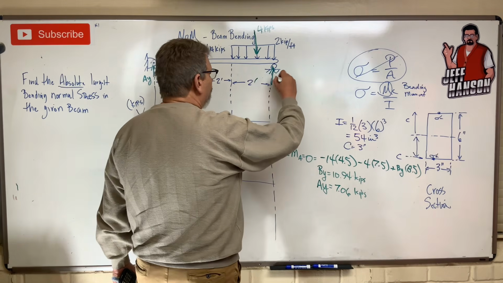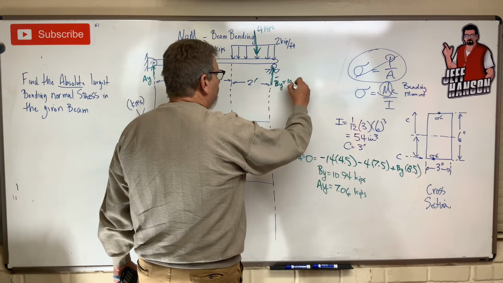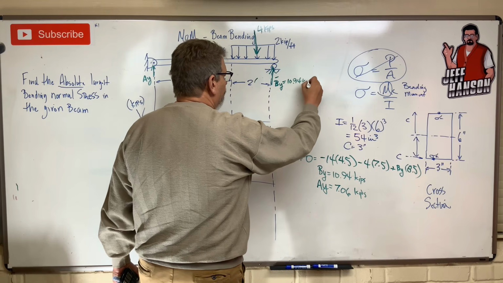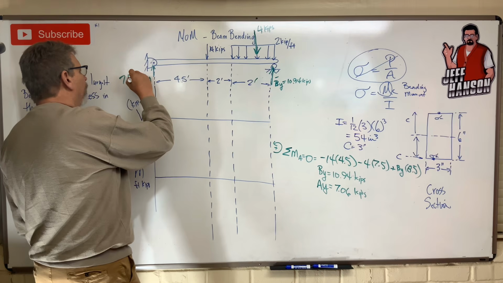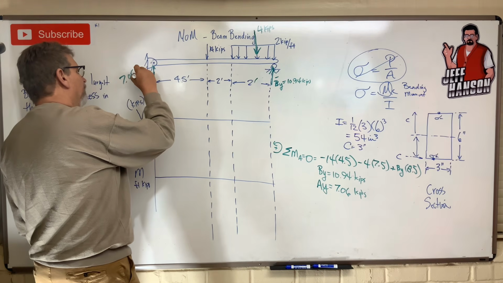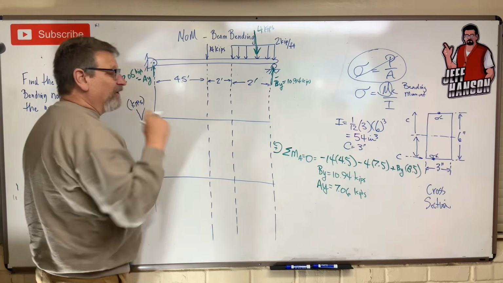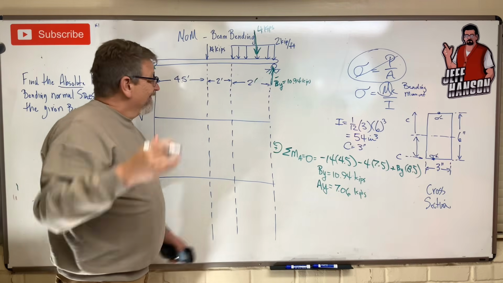So here I have 10.94 kips, and here I have 7.06 kips. And there's our global equilibrium, right?